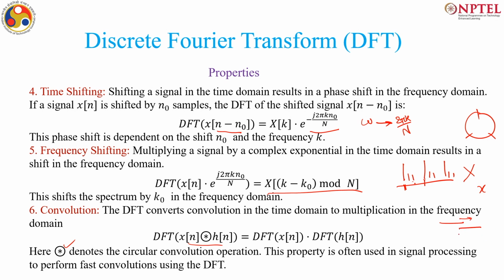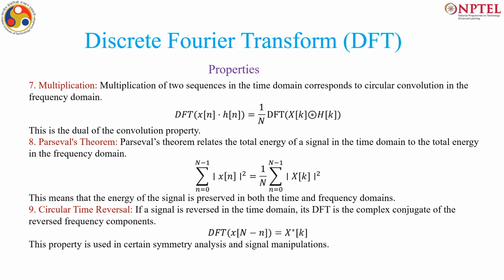In circular convolution you basically have circular kernels and you keep on shifting, shift and multiply, but perform circular shifts. You will also come to know that in hardware, circular registers or barrel shift registers are used for this purpose. Then multiplication in time will give convolution in frequency, but again this is circular convolution.